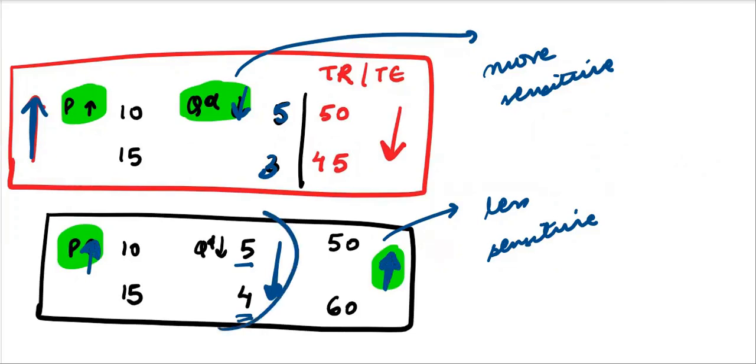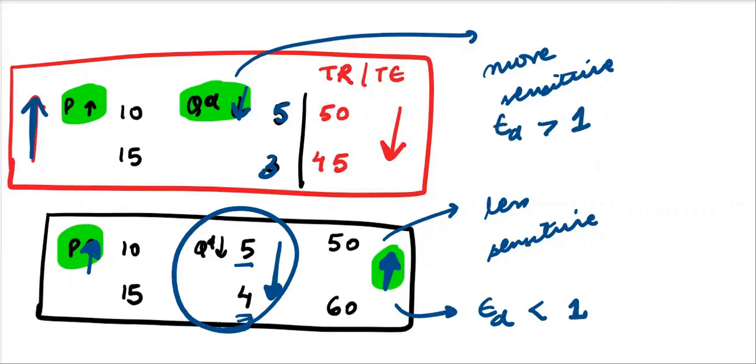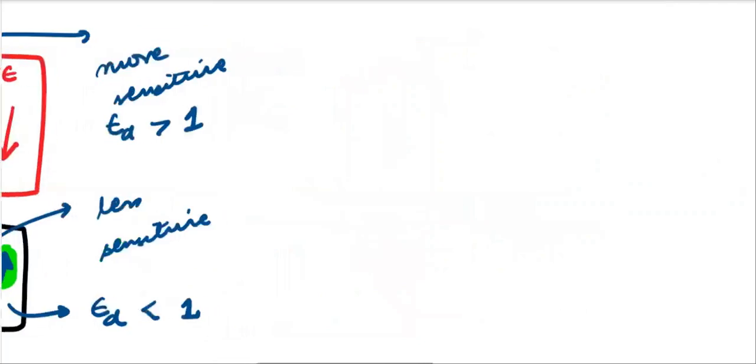Now, because here you were less sensitive, we can say that the elasticity of demand is less than 1. And here we can say that the elasticity of demand is more than 1. You were more sensitive. When price increased, the quantity demanded decreased by a huge amount. Now, we can formulate this into a rule.